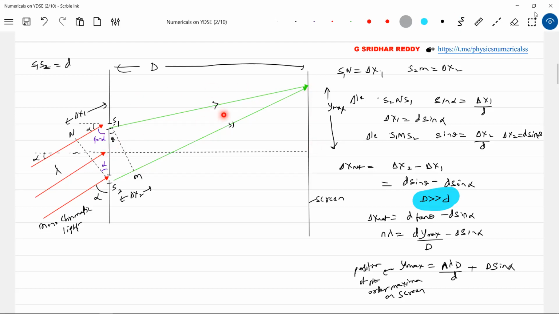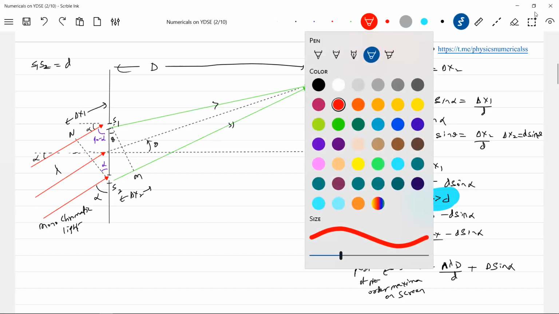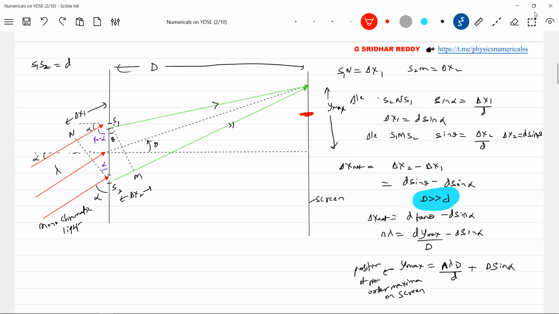Sir, where is that theta? From where are you bringing that? Okay, this is that theta. Nice, everything is visible clearly as usual. Now, where is the central maxima? Definitely I can say this is the central maxima. We took some red color to differentiate between the central maxima and the other maximas. This is the position of the central maxima.